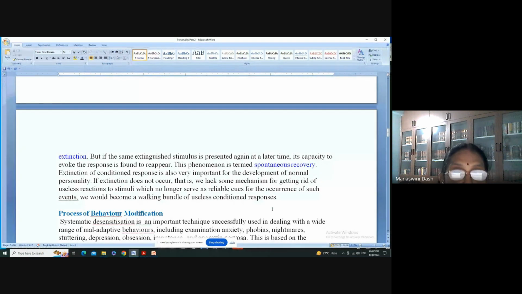If extinction doesn't occur, even if the bell is not followed by food, the animal salivates to the sound of the bell. The animal cannot forget that the bell no longer serves as a cue for the presentation of food. It goes on salivating to the bell.